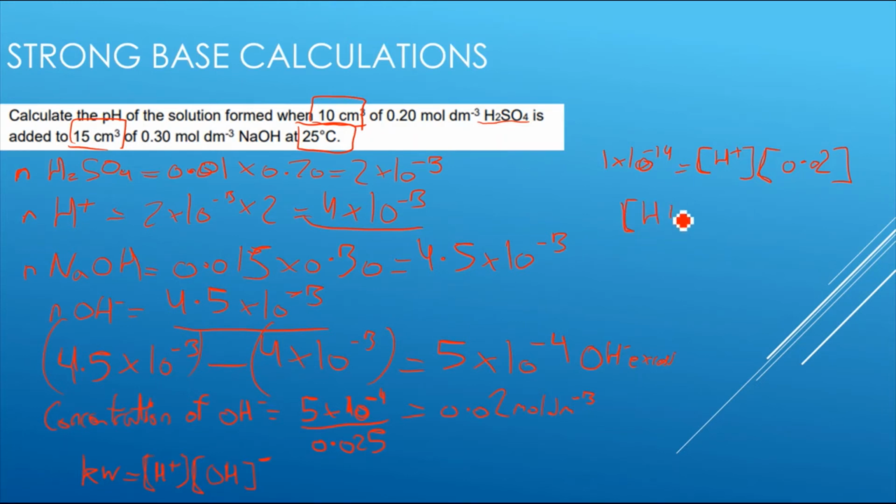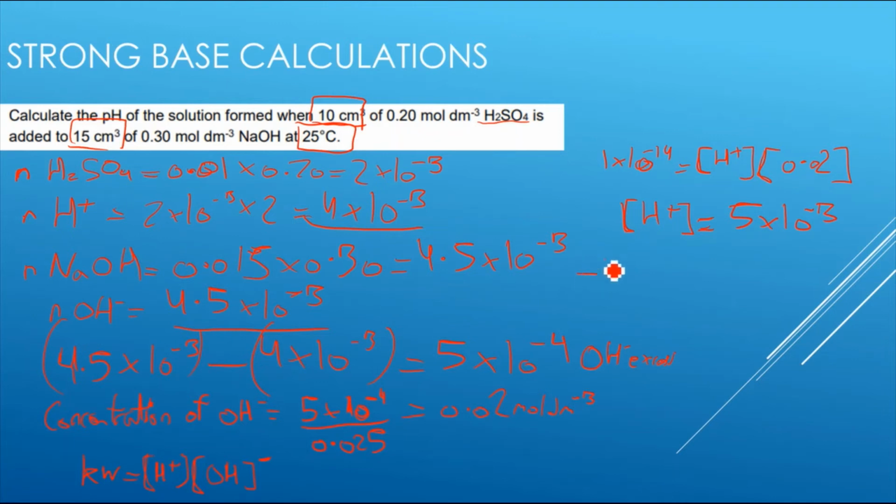We could find the H plus concentration by dividing by 0.02, which will get us 5 times 10 to the power of minus 3. So this will be the H plus concentration.